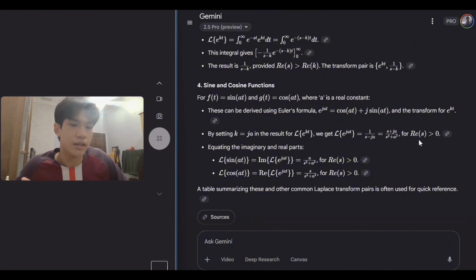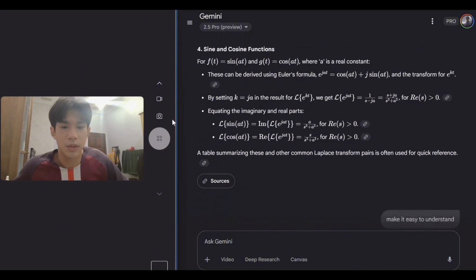And this can be such given that our condition is the real part of s being bigger than 0. So this is equating imaginary and real part.